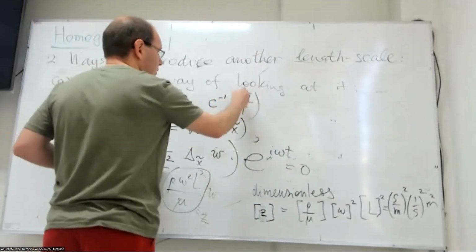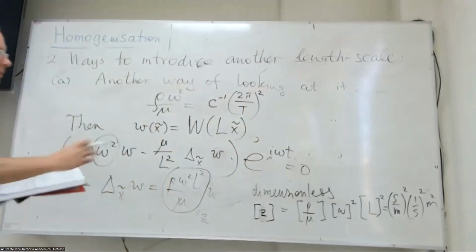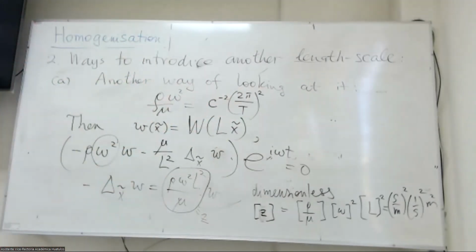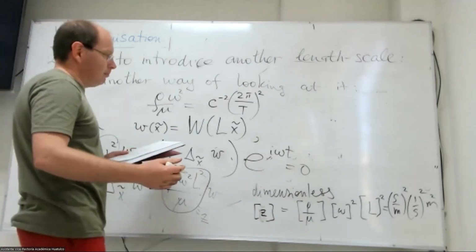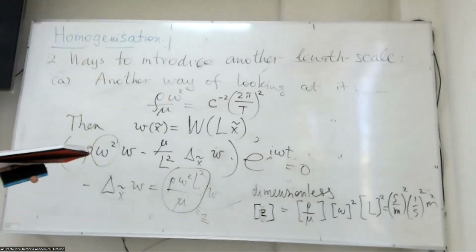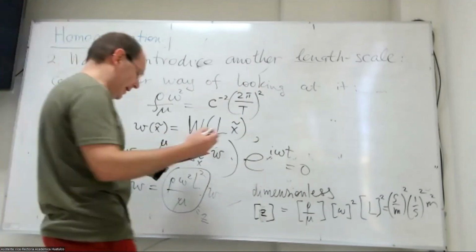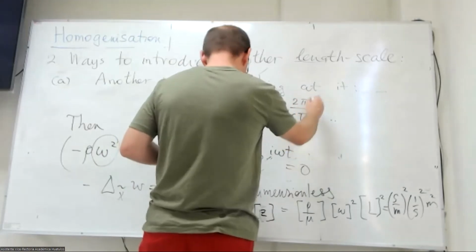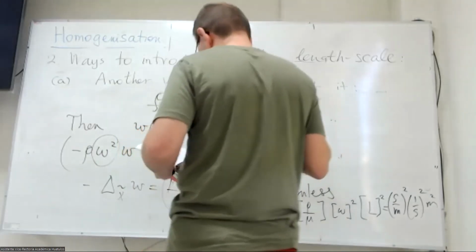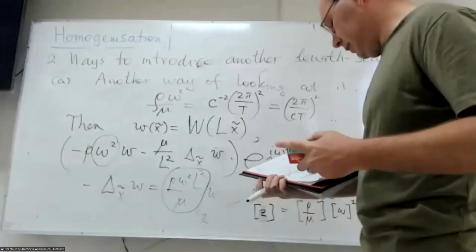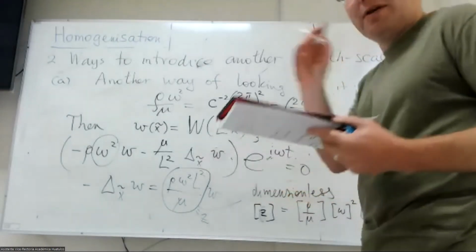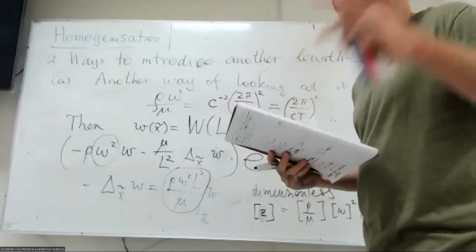So c to the minus 2. c is the wave speed. T is the period, the time period, the equivalent of lambda, the wavelength, but for time. And this is 2 pi over c T squared. Oh, sorry, did I label the wavelength by lambda? No, that's good. So I didn't mean to.